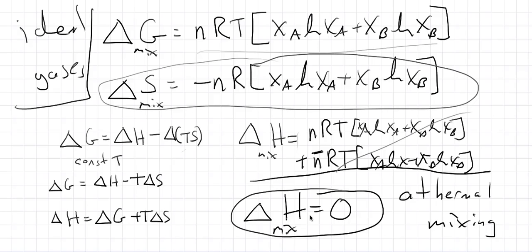Okay. Now we have to ask, is there any way we could apply this to solutions? Well, let's see if we can. An ideal solution, we could define it this way.